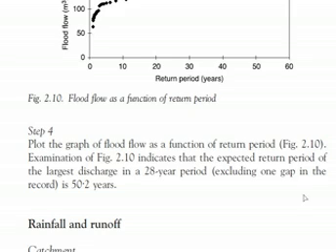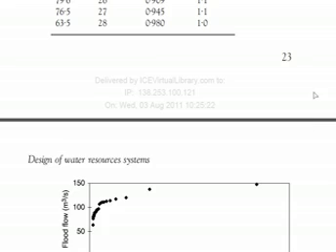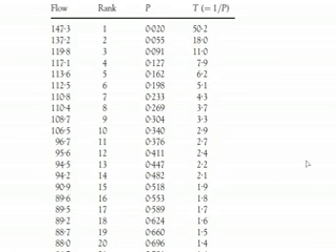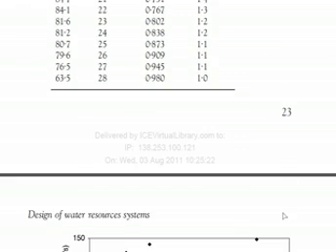Okay, and once we've done that, we can plot up the graph which they asked for, which was flood flow as a function of return period. And this is simply having calculated the return period T here, we're plotting that along the bottom line, and the flood flow from the first column along the y-axis.